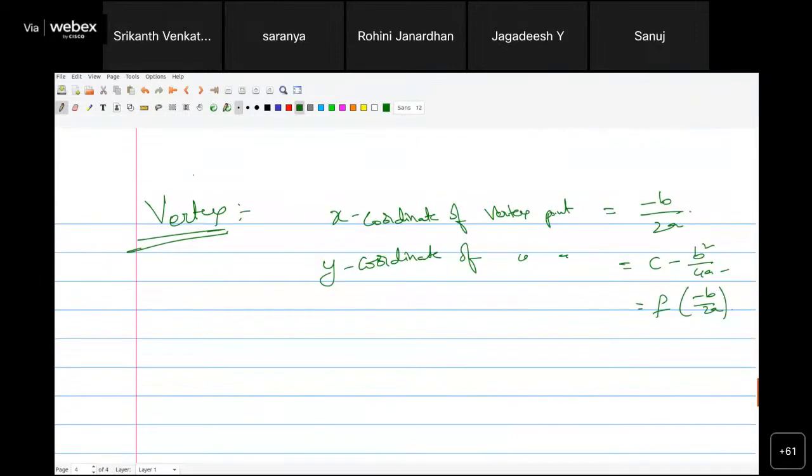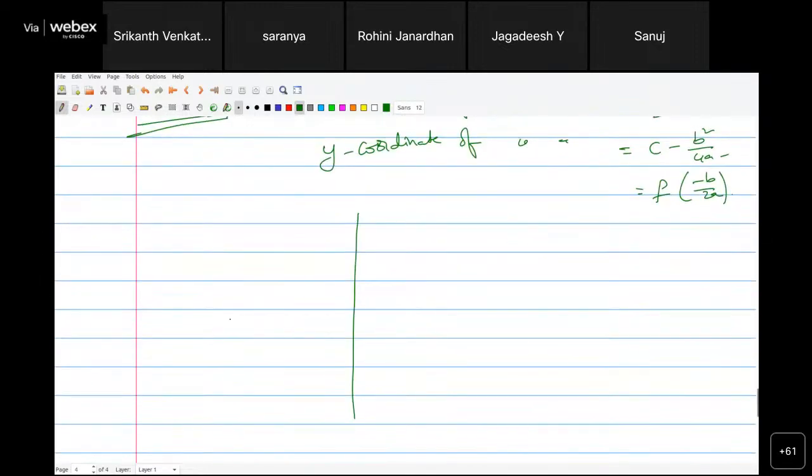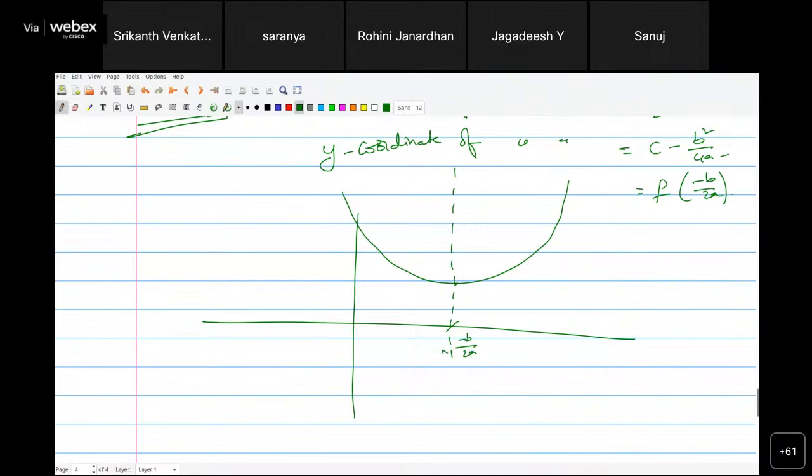So if I draw the graph, this is how it will be. So this is minus b by 2a, and it is c minus b square by 4a units above. So it shifted c minus b square by 4a units above.